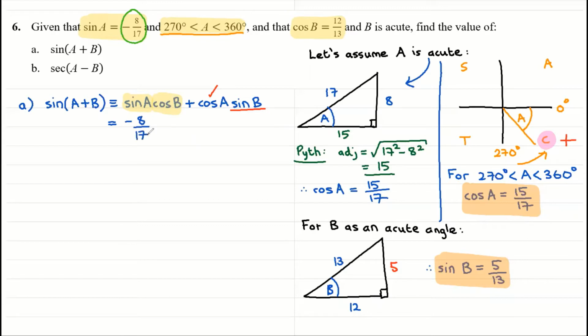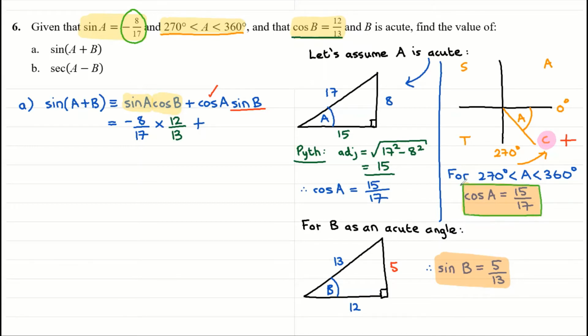That's given above, multiplied by the cosine of B, which is given here, that's 12/13. And then we're going to add the cosine of A multiplied by the sine of B.